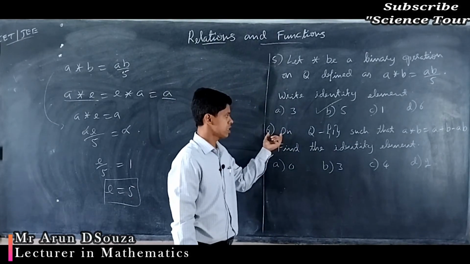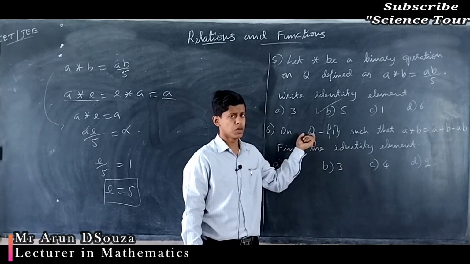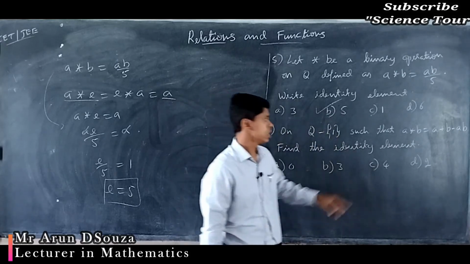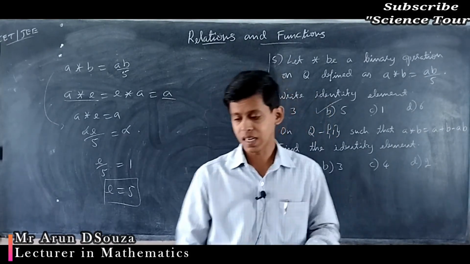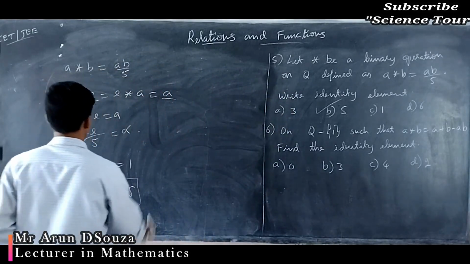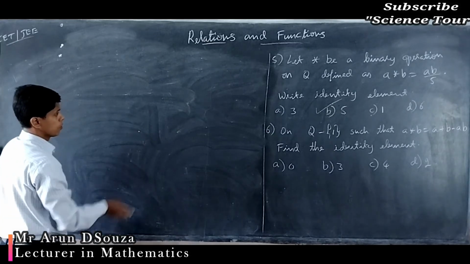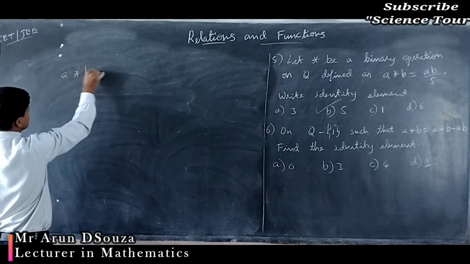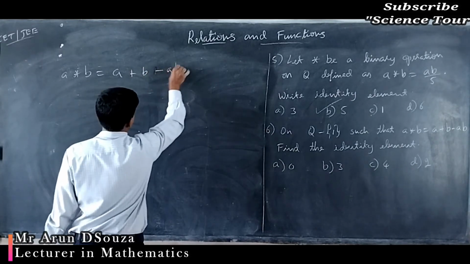The sixth question is also finding the identity element, but the set is all the rational numbers except 1, and the operation is A star B. So there is no 1 in the set. Now what is the identity element? A star B is equal to A plus B minus AB.